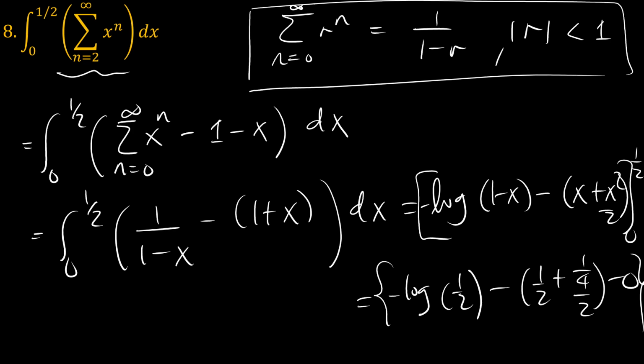And this becomes a half plus 1 over 8. 4 plus 1 is 5 over 8. So we've come to negative log of a half minus 5 over 8.